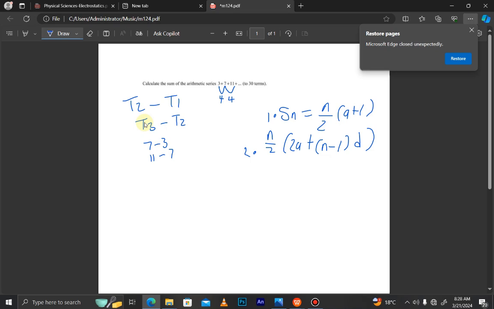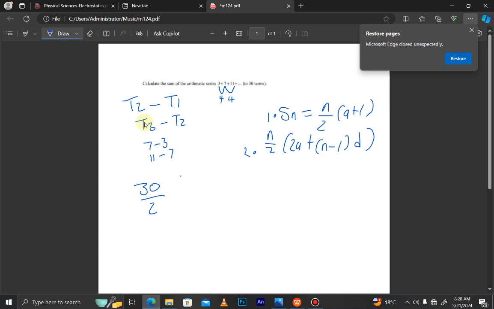Since we already found everything, which I already did here, we're just going to be putting in numbers now. We're going to use the second formula, like I said. So in the place of n, I'm going to put 30 over 2.